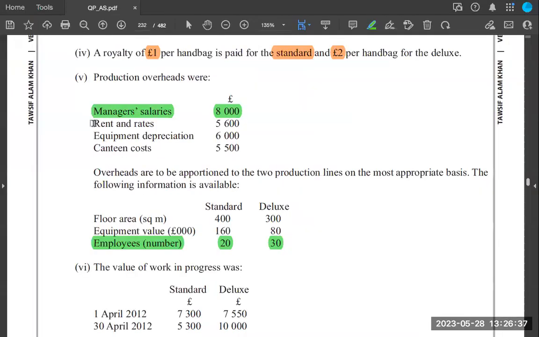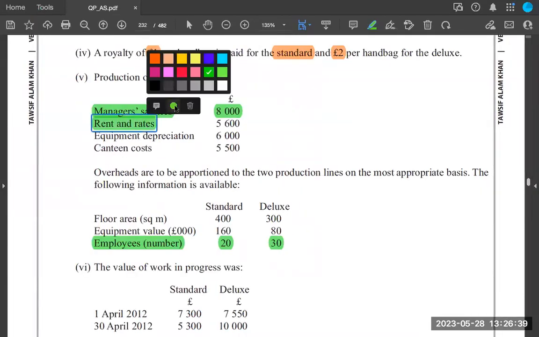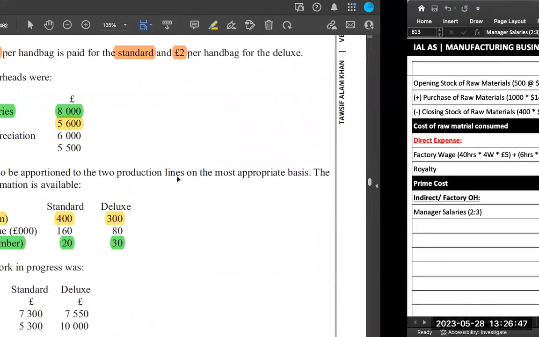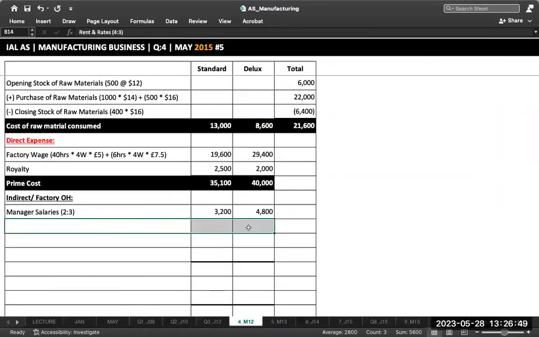Done. Rent and rates we will apportion based on what? Which is 4 is to 3, divide it. How much does it come to? Done.